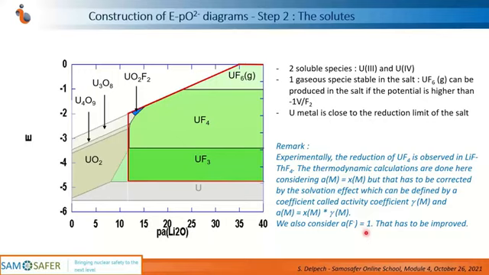That is very possible when we have alkaline salt, but with a more complex salt, like lithium fluoride, thorium fluoride, because we have seen that thorium fluoride can have a lot of fluoride ions around it, it is not very good to consider that the activity of fluoride is equal to 1, and that has to be improved.